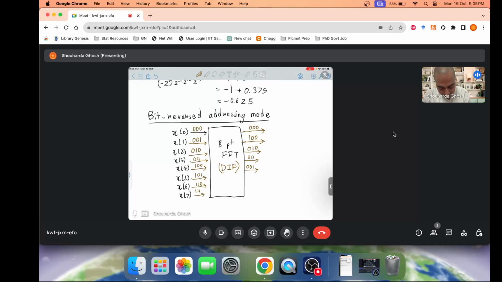Same for the rest of the images, 111 and 111. And now you check the corresponding outputs, you get x of 0, x of 4, x of 2, x of 6, x of 1, x of 5, x of 3 and x of 7. This is the bit reversed addressing mode.